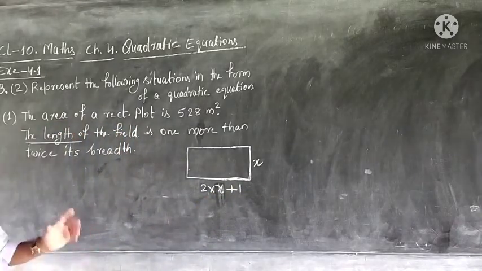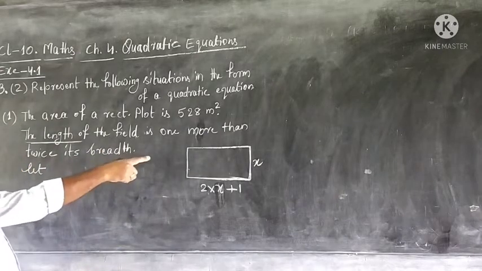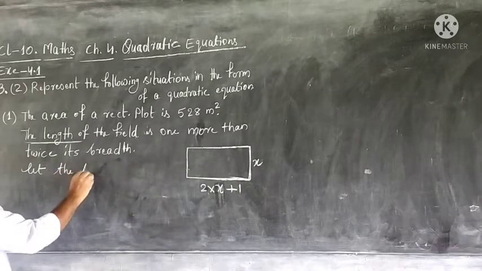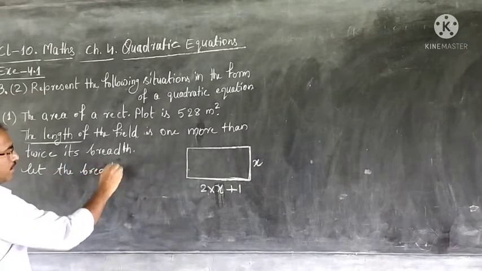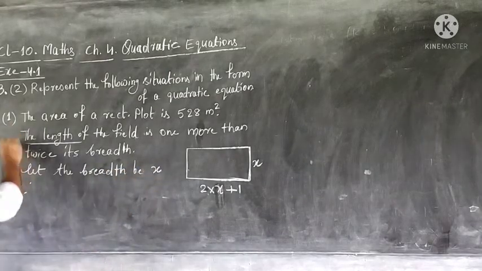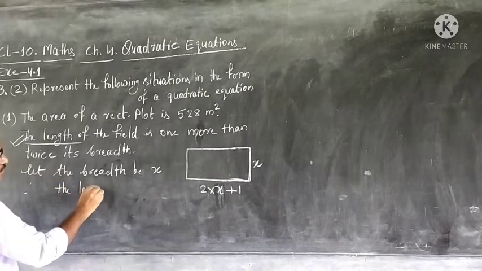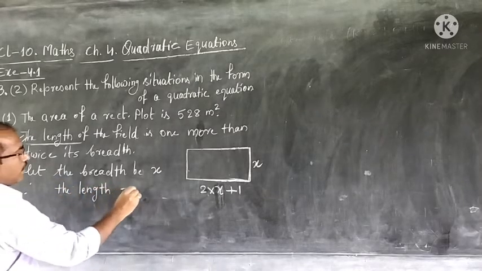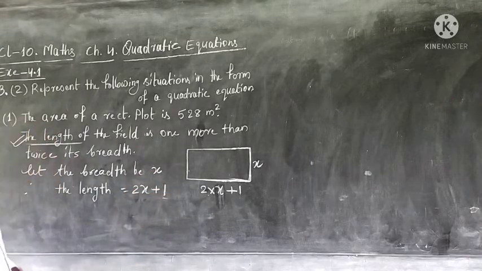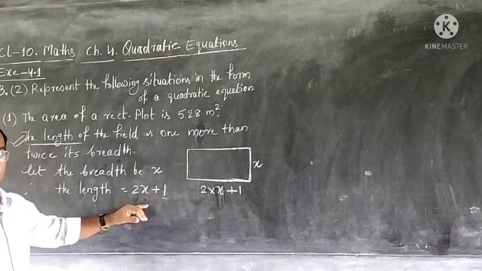This will give us the unknown dimensions. So, let the breadth be x. Therefore, with this condition, the length will be 2x plus 1. Now we know something about length and breadth, but not exactly.